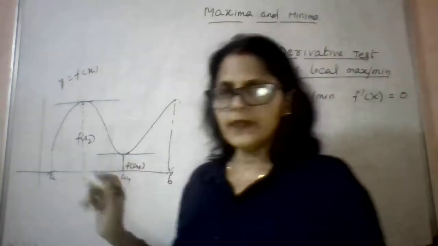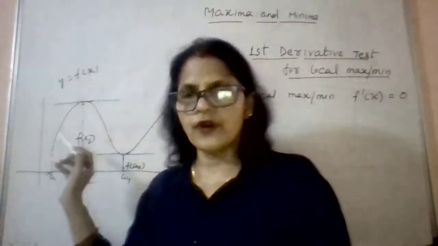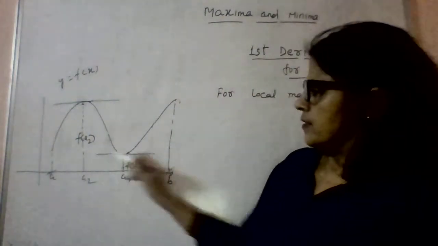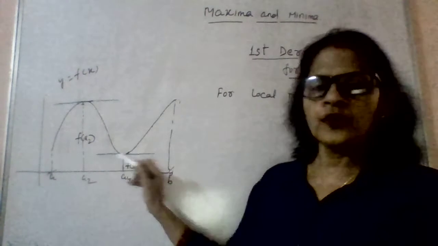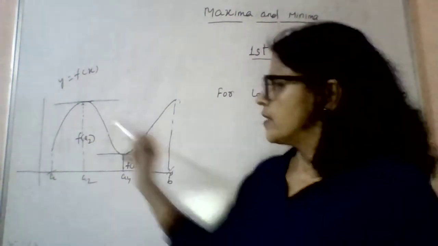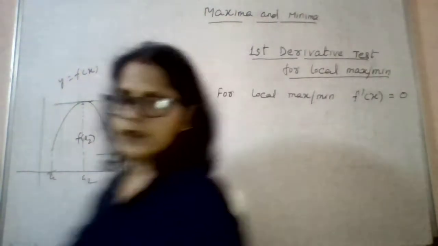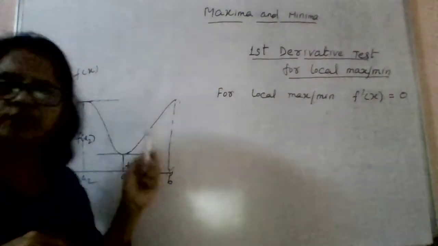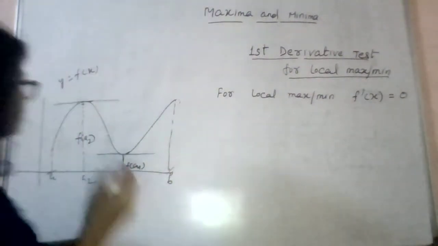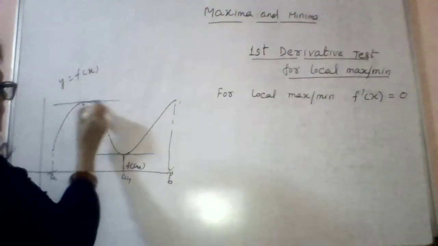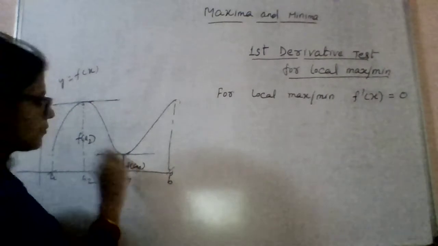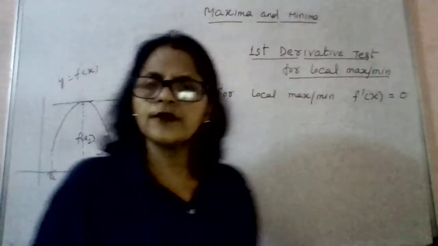Now let me take a tangent to the curve at the point of local maximum as well as a tangent to the curve at the point of local minimum. Please observe the curve as well as the tangent. At this point, the tangent is parallel to the x-axis, and here also, at the point of local minimum, the tangent is parallel to the x-axis.